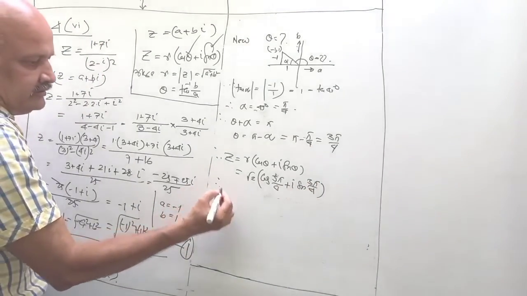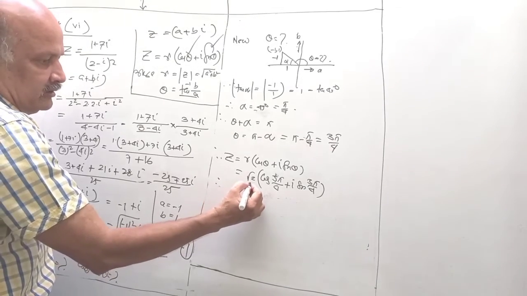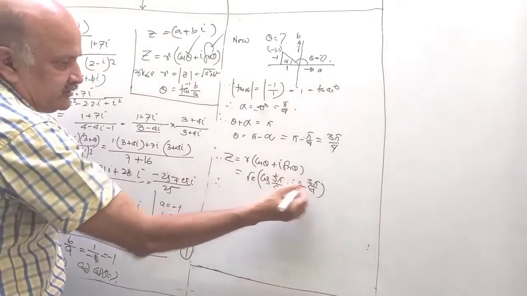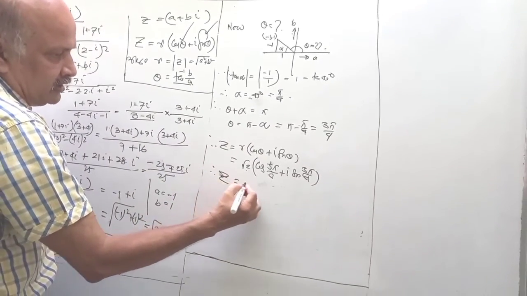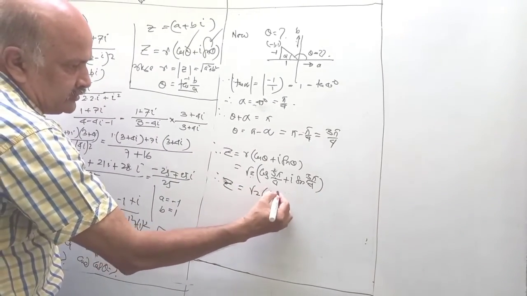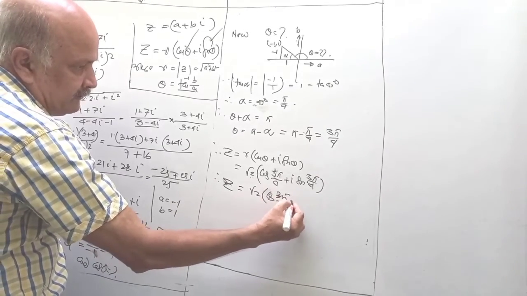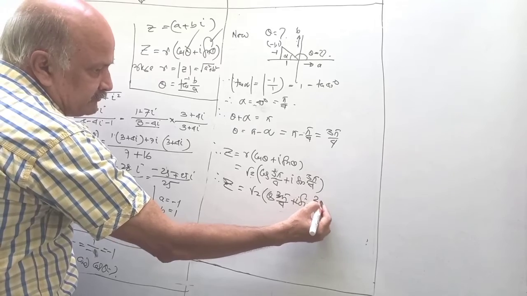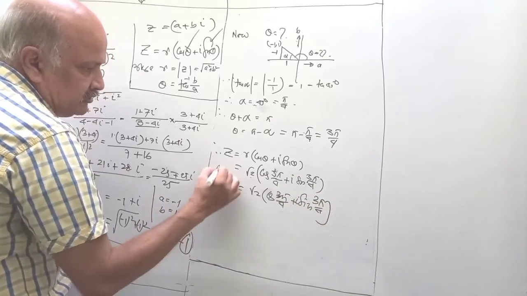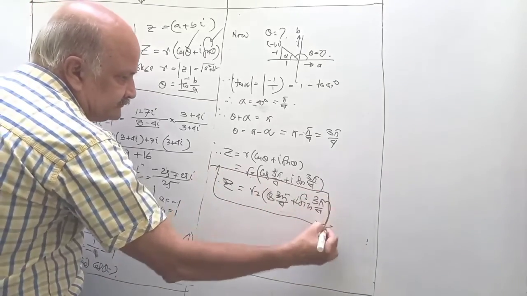Now you see here, this is my r value, this is my theta value. Hence we are getting z equal to root 2 (cos 3 pi by 4 + i sin 3 pi by 4) is my answer.